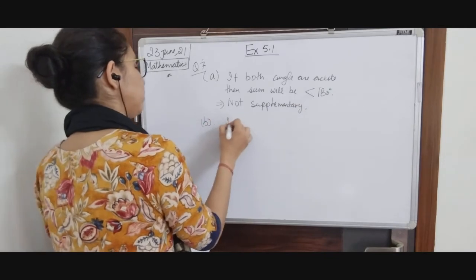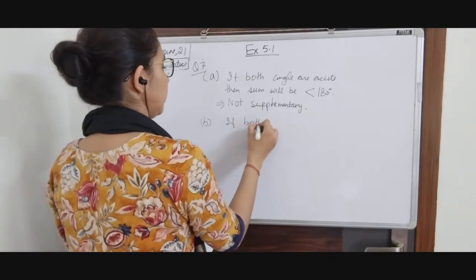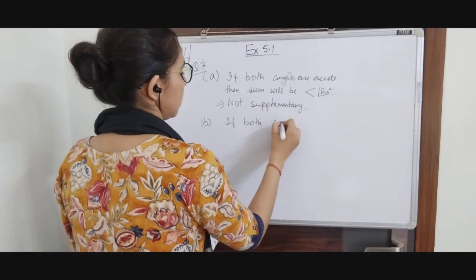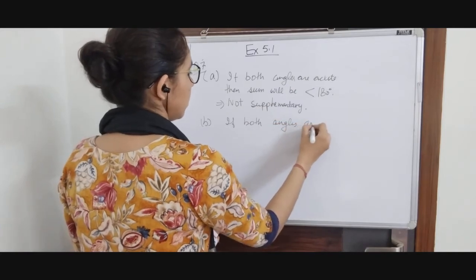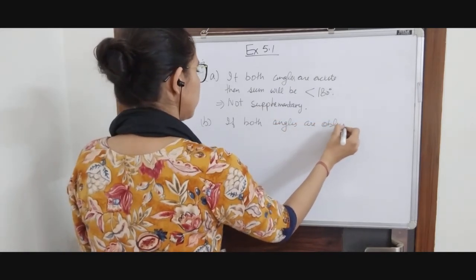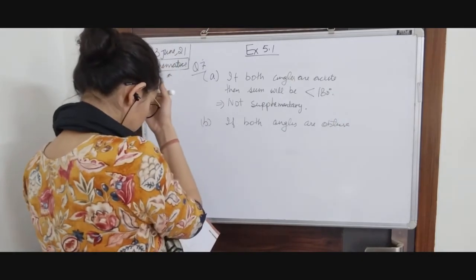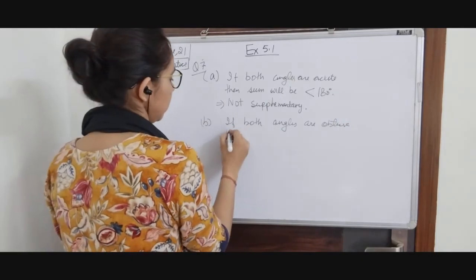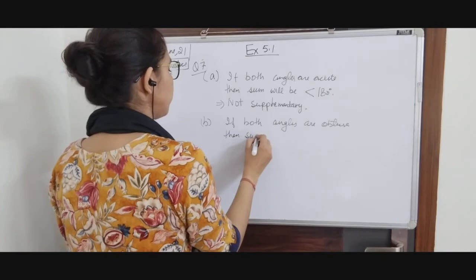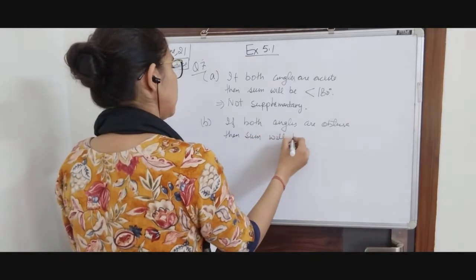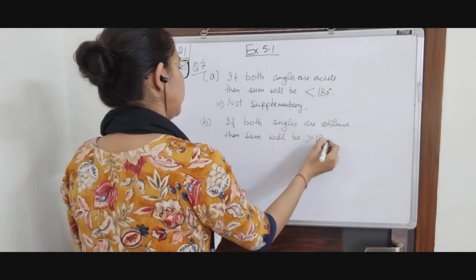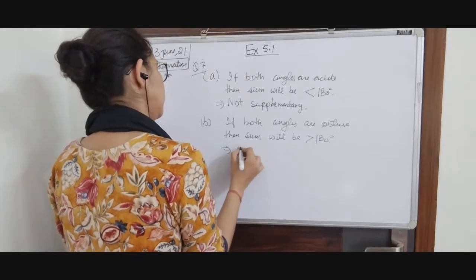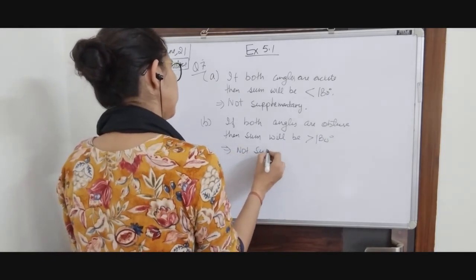Similarly, if both angles are obtuse angles, then the sum will be greater than 180, which implies not supplementary.